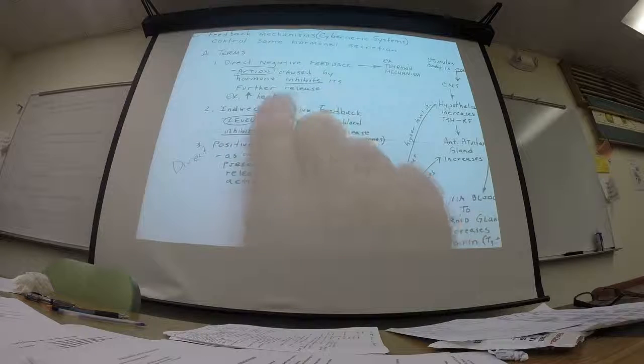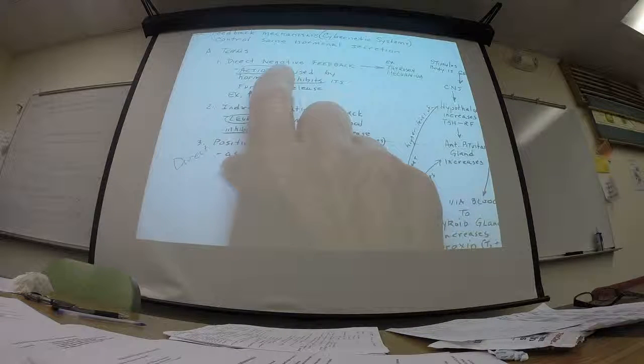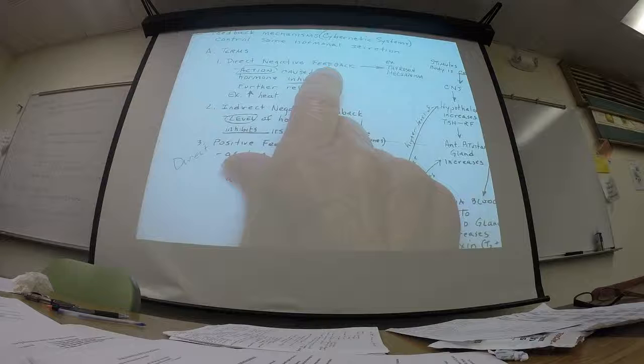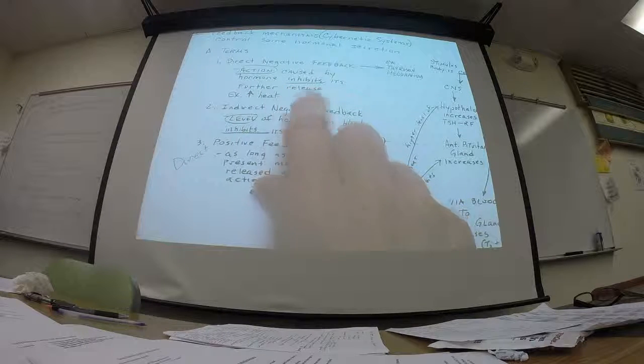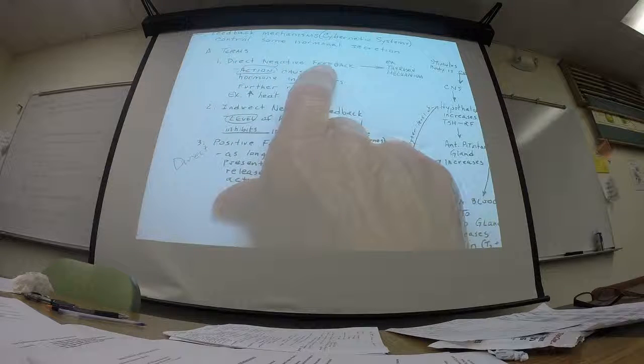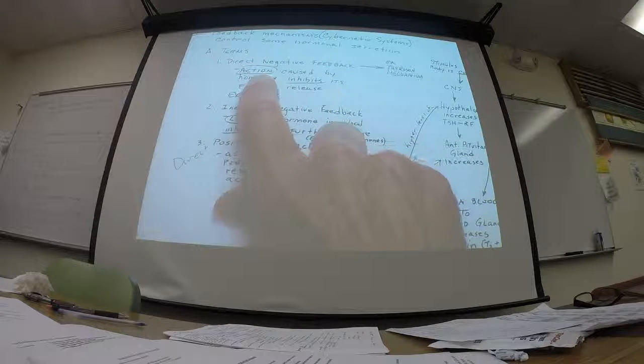Let's look at indirect mechanisms and negative. You are negative if it stops you from making more hormones. So in both of these cases, it's going to reduce the hormone production. Hormone inhibits its further release. If it's called direct negative feedback, it is the action that makes you stop making more hormone.